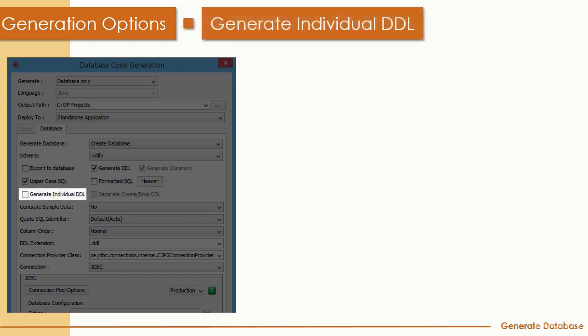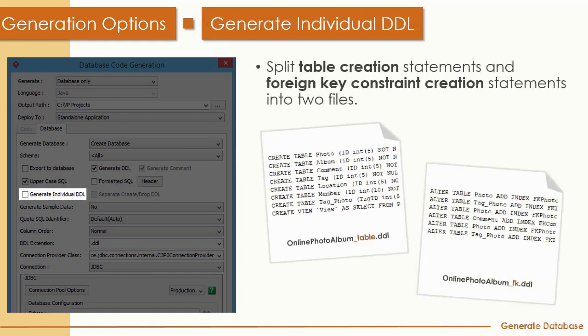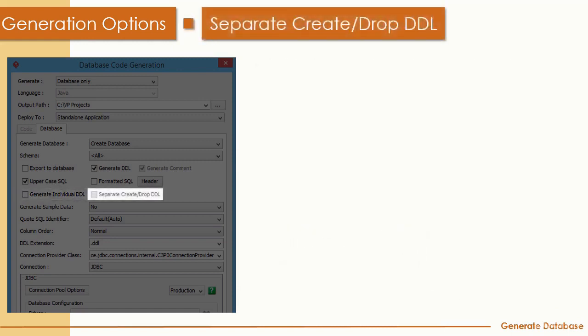You can also split the DDL into multiple files. We don't suggest using this one, but for certain situations, maybe you need it. Then you can have a DDL just for creating the table, and another DDL for adding the foreign key. Separate create and drop DDL.